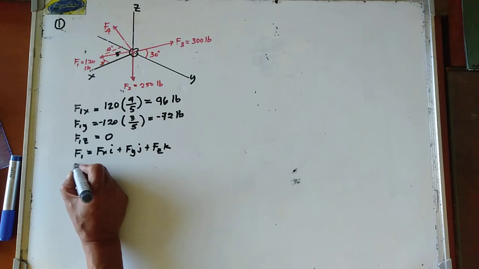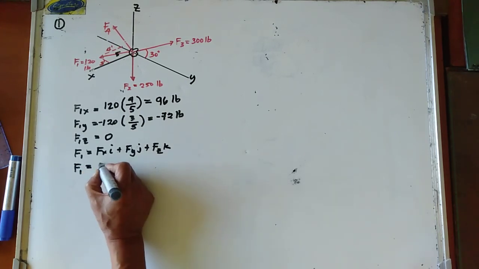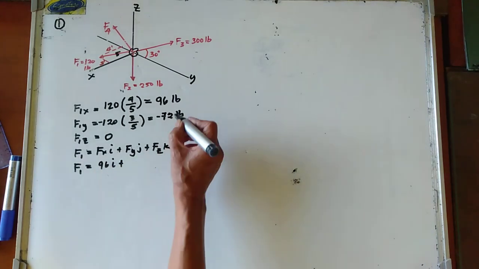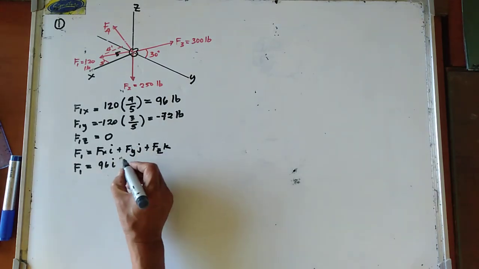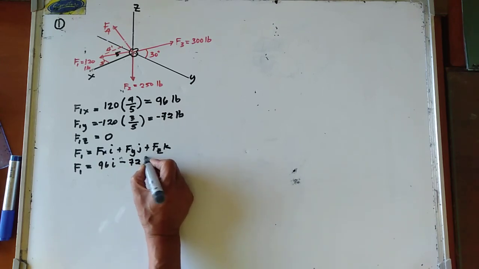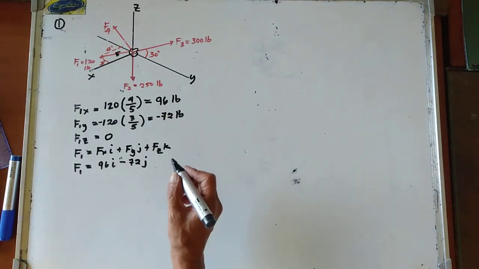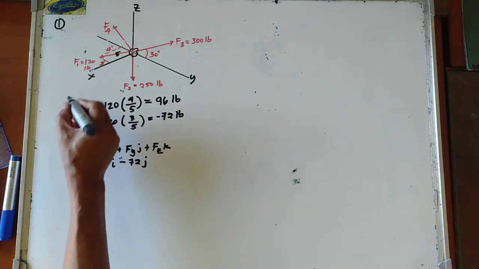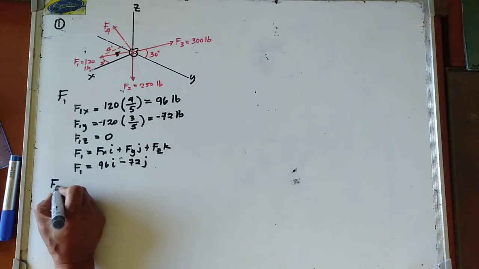So in Cartesian vector form, your F1 is equal to 96i minus 72j. It's minus 72j. So this is now your F1, and let's proceed to F2.